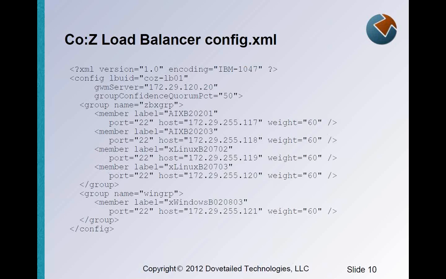The first attribute is the load balancer UID, and this is required by SASP and required by the zWLM to uniquely identify this particular configuration. So we call this LBUID Cozy-LB01. The next attribute is the group workload manager server, and that's the IP address of the HMC itself, and that's hard-coded right there.